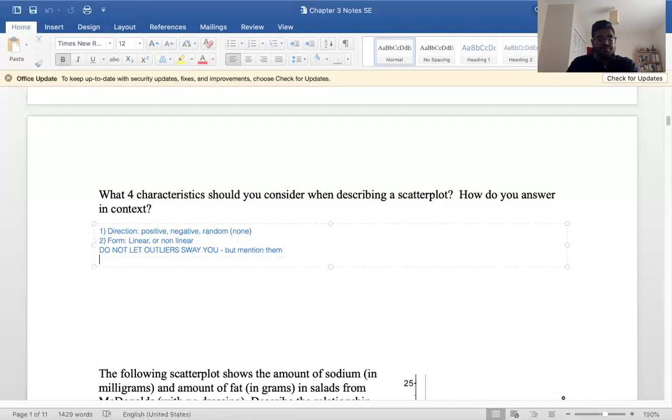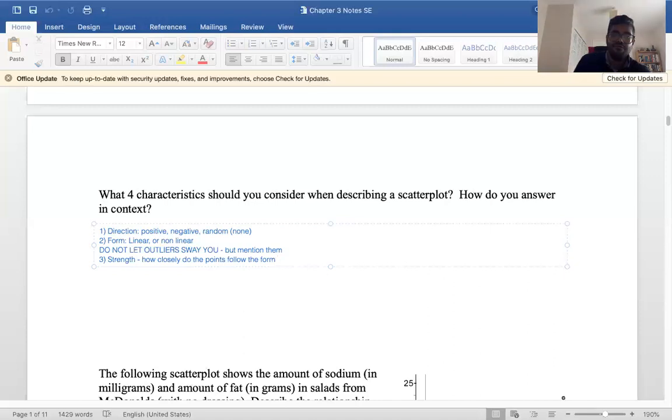Number 3, you also want to look at the strength. How closely do the points follow the form? Okay, so when you're describing a graph, and let's say it's a perfect parabola, right?